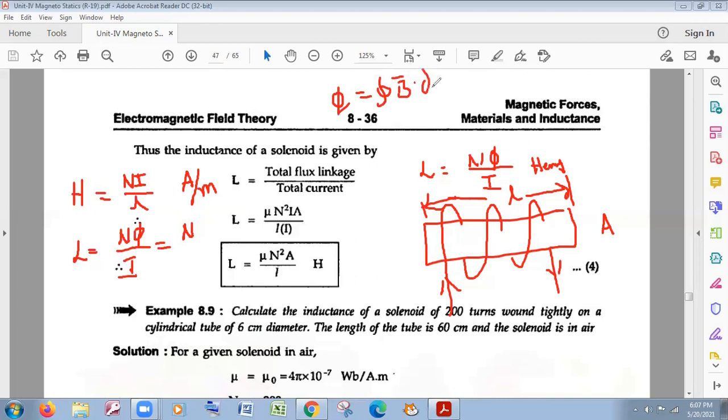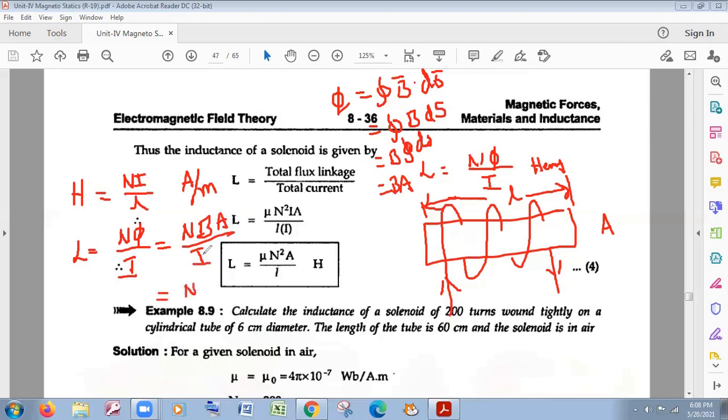If I use it as magnitude only, B into ds, where the integral of ds is the surface area only, so we can take it as A. So phi is equal to B into A. So L is N phi by I, the total flux linkage, N into B into A, whole divided by the current I. Got it, my dear friends?